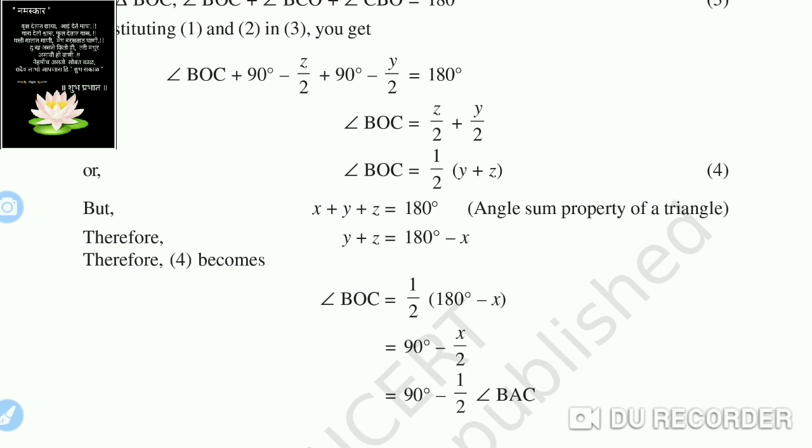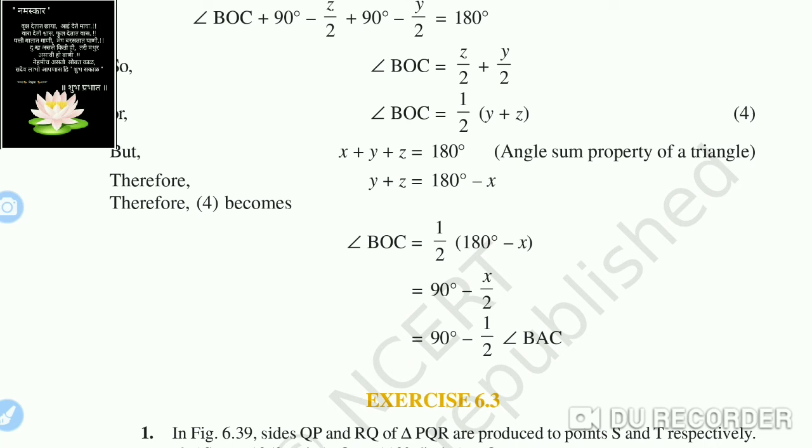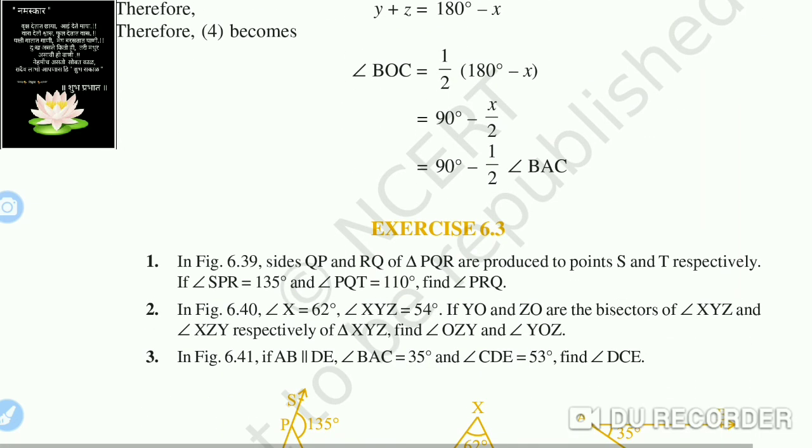We can use this value. So BOC is equal to 1 half into 180 minus X, that is 1 half into 180, 90, and 1 half into X, that is X by 2. So 90 minus X by 2. Now X means what? Angle BAC. So 90 minus 1 half of BAC. In this way we have proved this.